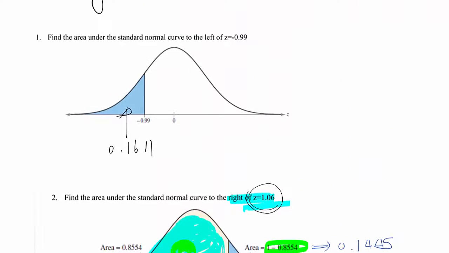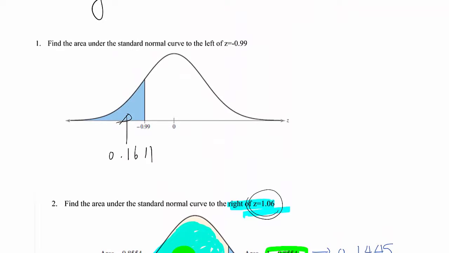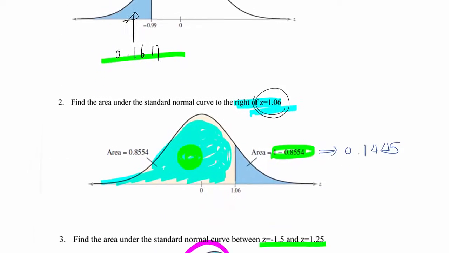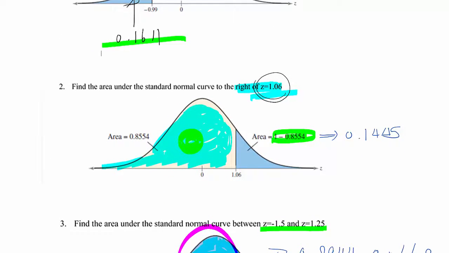Okay, so a brief summary here. Number one, find the area under the standard normal curve to the left: you just read the z-score value like that, then that is the answer. But if the question gives the right side, then you need to read the z-score value and subtract it from 1 like this.